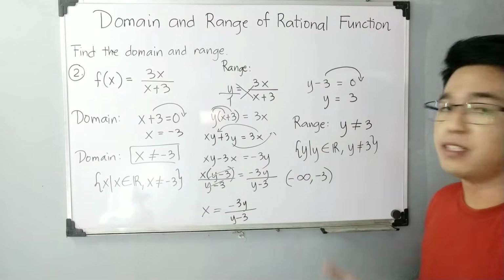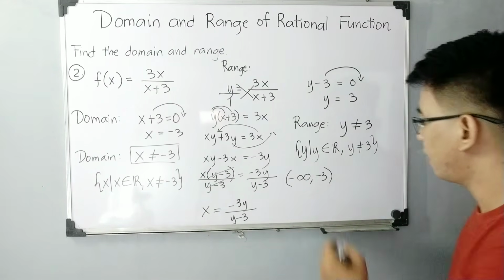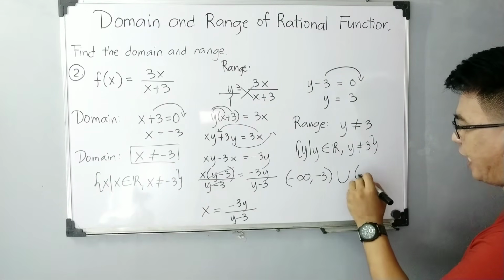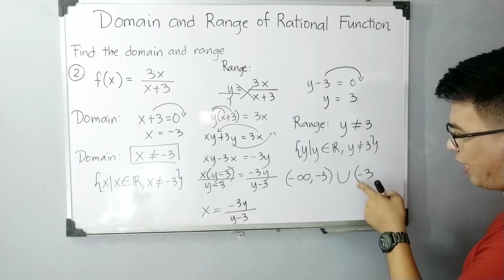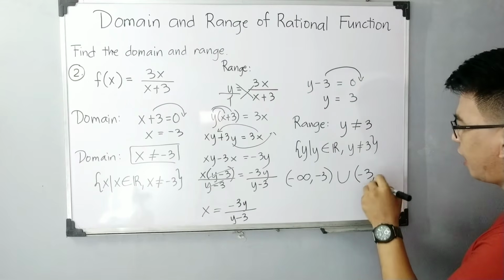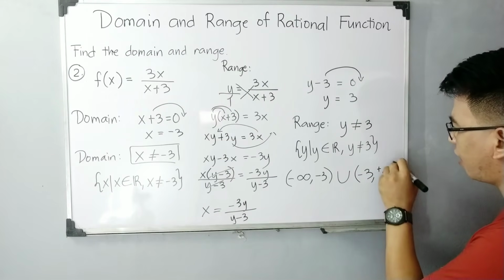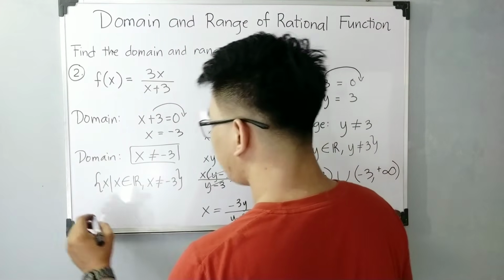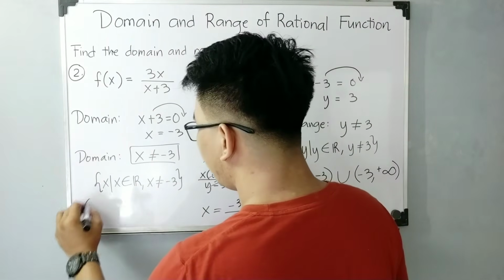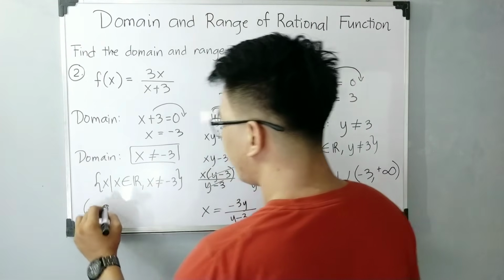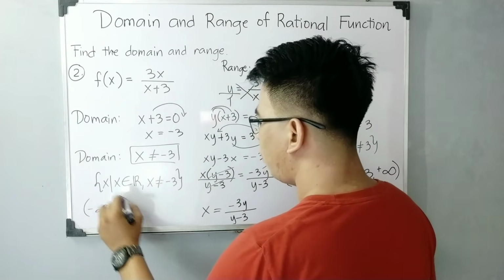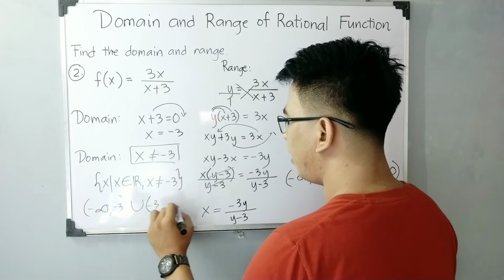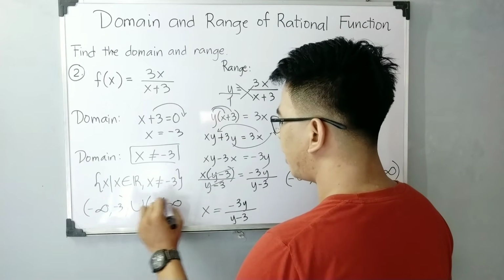Because negative 3 is not included. Tama? And then union of negative 3, open parenthesis, and then positive infinity. Sa kabila naman, same thing na gagawin natin. Interval notation, you have negative infinity, comma negative 3, open parenthesis, union, negative 3, comma, positive infinity.